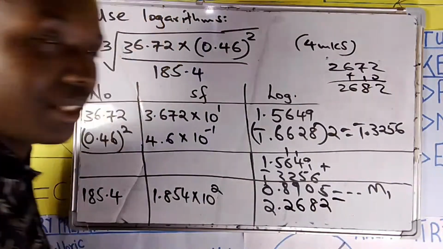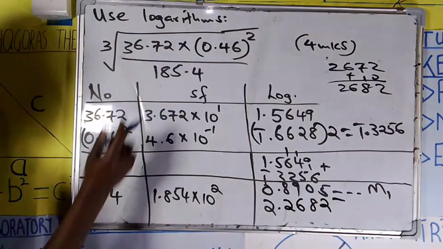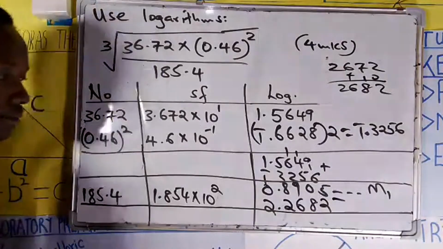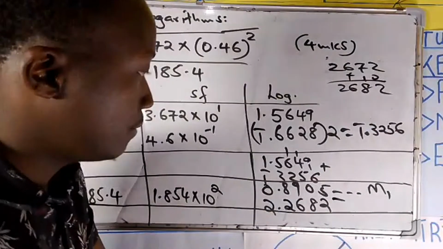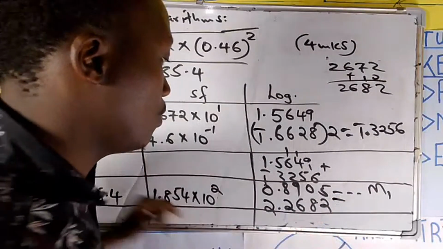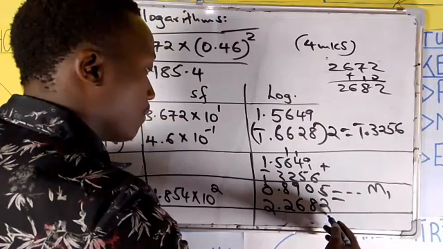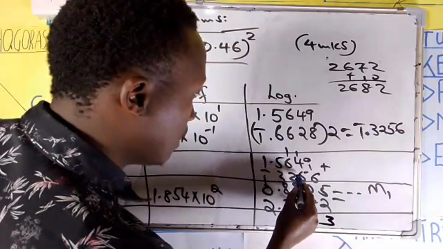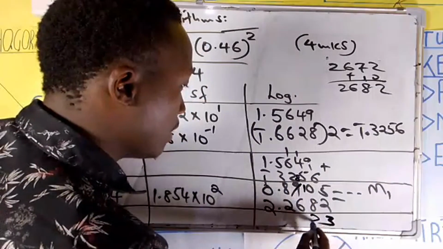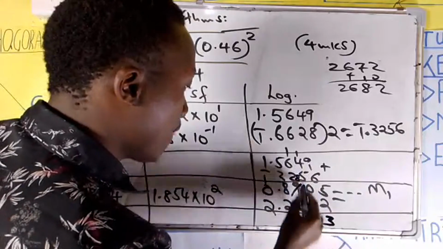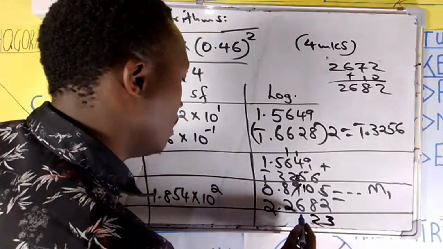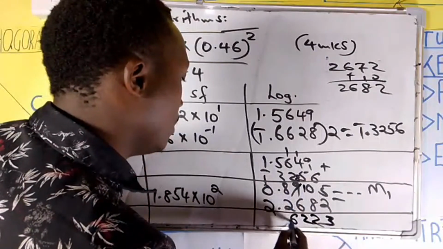When we get there, we should just subtract, because it is division. Subtracting, 5 minus 2 is 3. Then let us borrow 1 from 9. It remains 8. 10 minus 8 is 2. 8 minus 6 is 2. 8 minus 2 is 6.